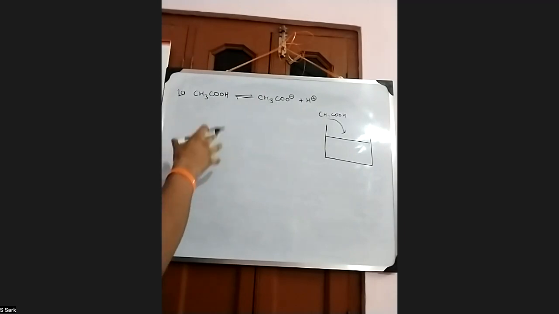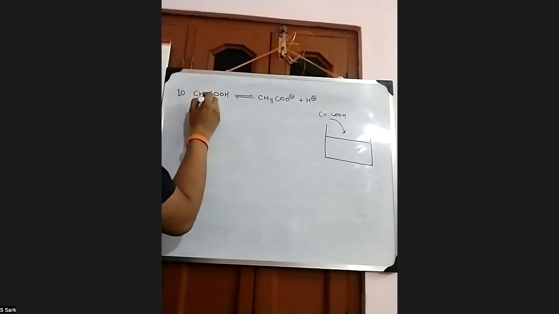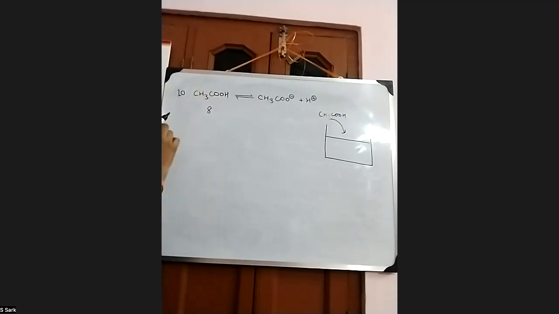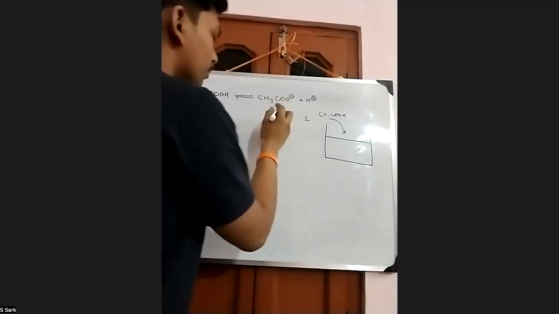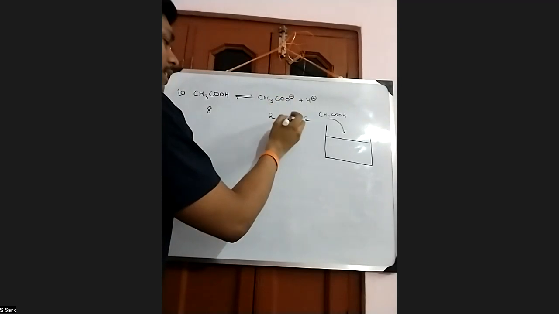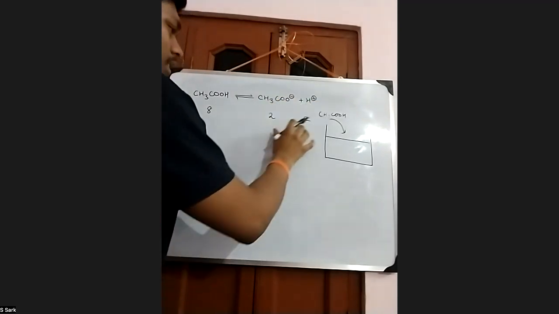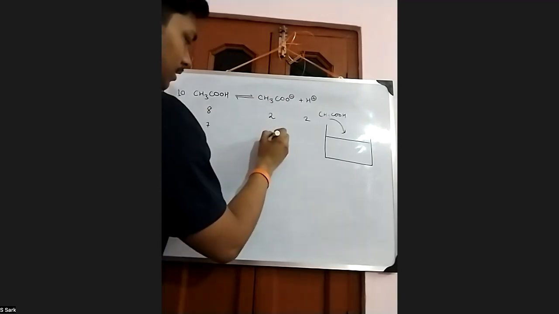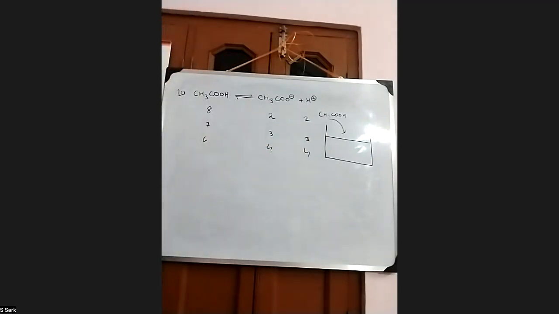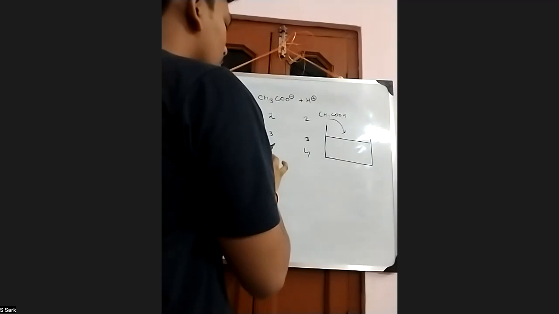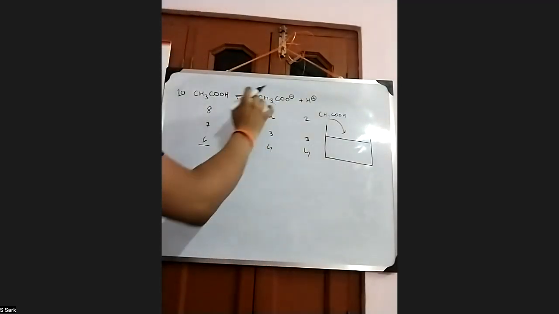Let's say now 8 molecules of CH3COOH are present and 2 molecules of CH3COO minus and H plus have dissociated, and then 7, 3, 3, 6, 4, 4. After some time we see that the number of molecules of CH3COOH is 6 and it stopped here, and the number of molecules of CH3COO minus and H plus is 4 and 4. This is also the same and it is not changing.